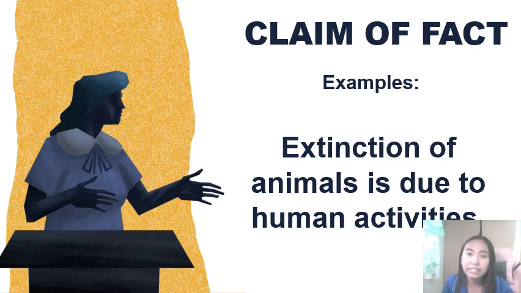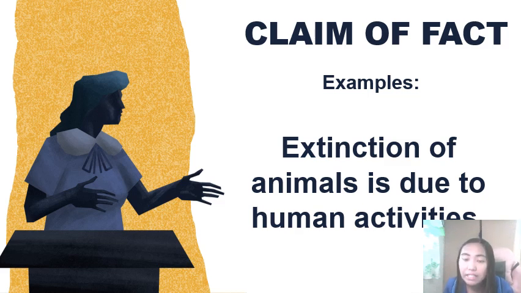As I've said, claim of fact uses facts or yung mga katotohanan na nangyari na before, nangyayari pa, at mangyayari pa lamang po. So, in our example, extinction of animals is due to human activities. It is true that there is an extinction happening in the animals. So, totoo po, may nangyayaring ganyan.